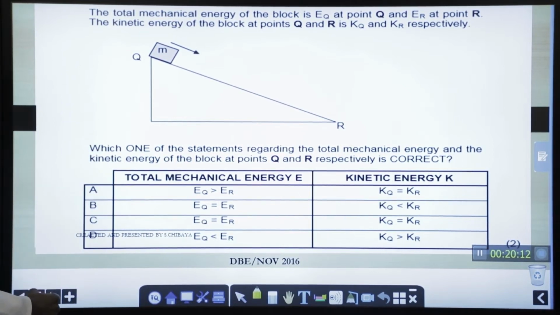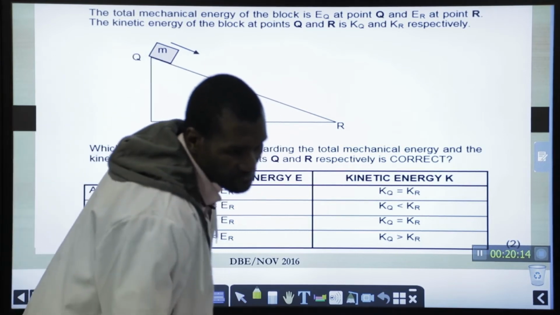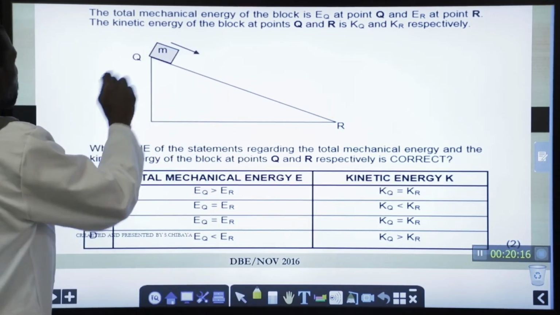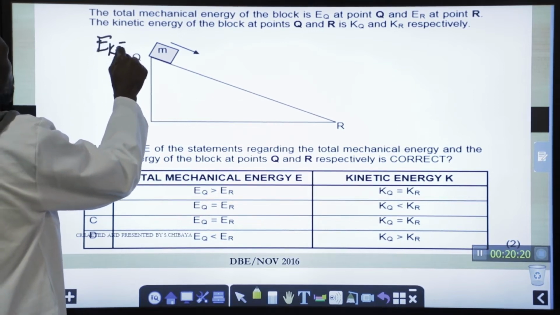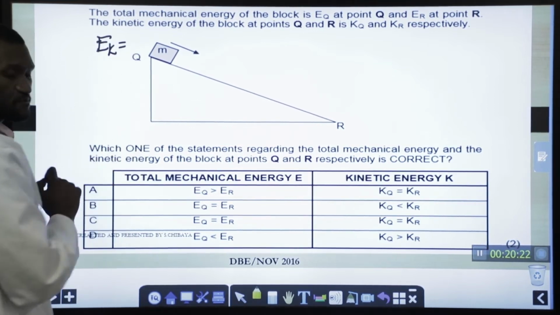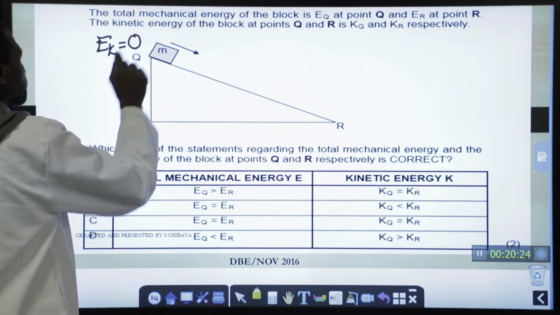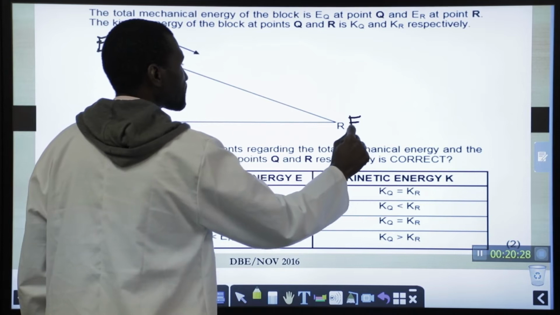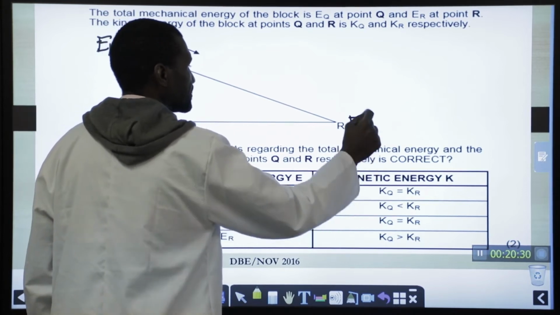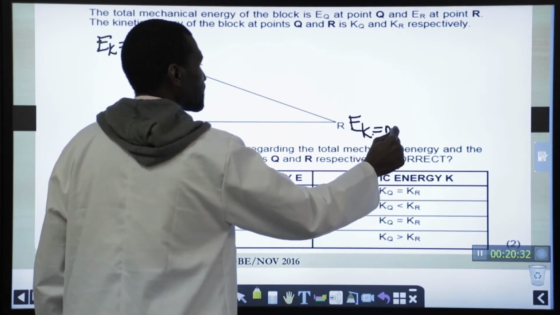We know that if this object is released from rest, its EK initially at this top is at its minimum, which is 0, right? When it's reaching the ground, its EK is at its maximum.